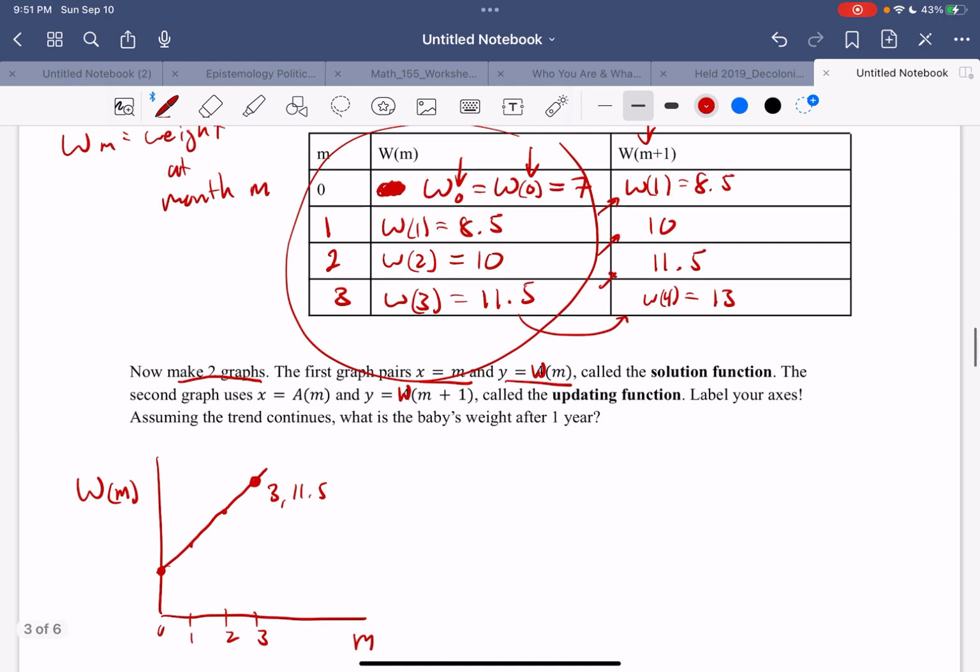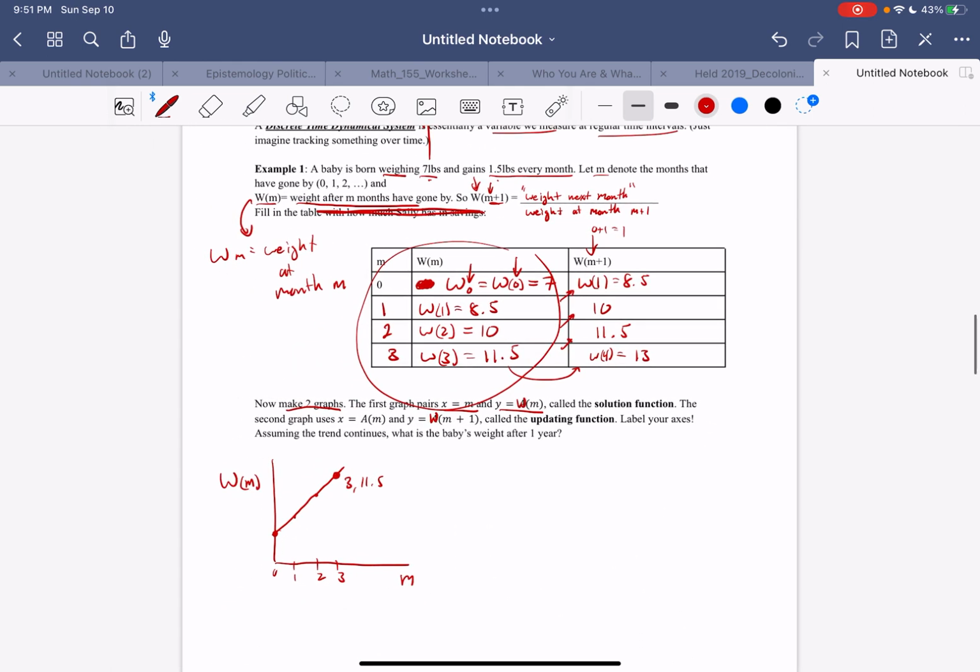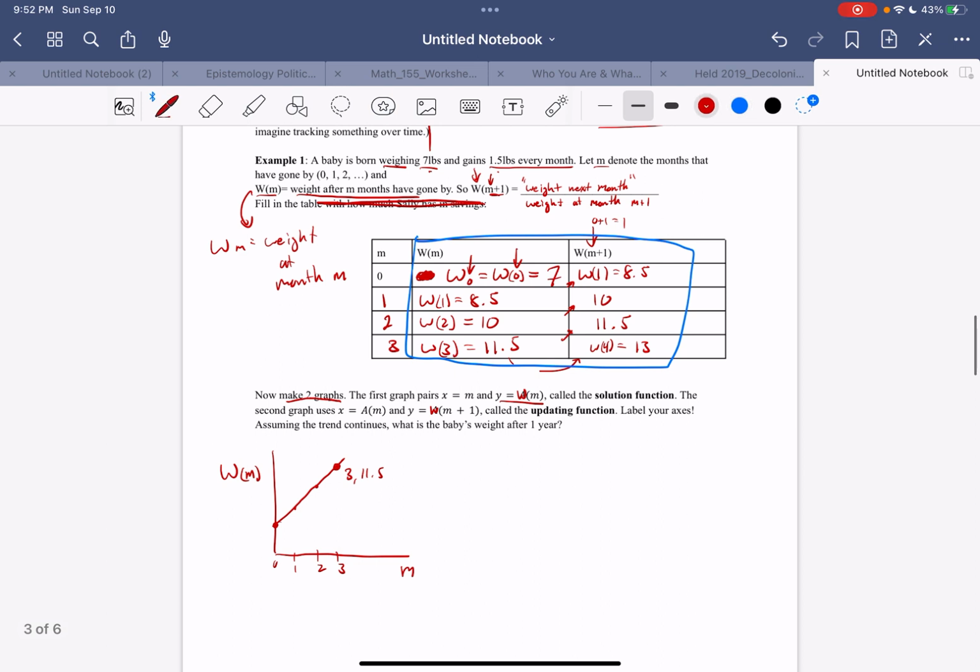Cool. All right. So that's the first graph that I'm looking for. Let's clear this up. 7. Great. Now, if I just look at these 2 columns, though, let me label, this is something called a solution function.